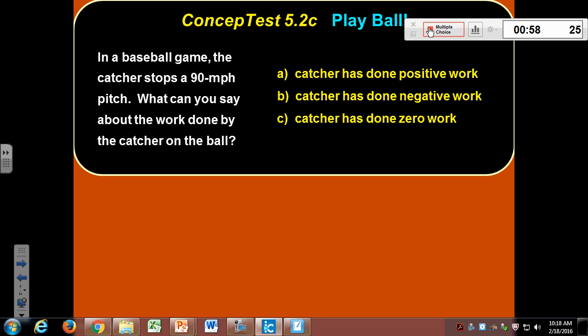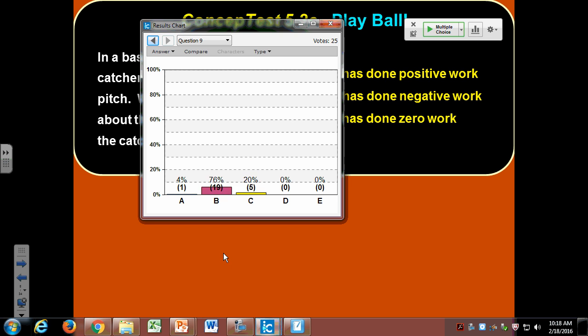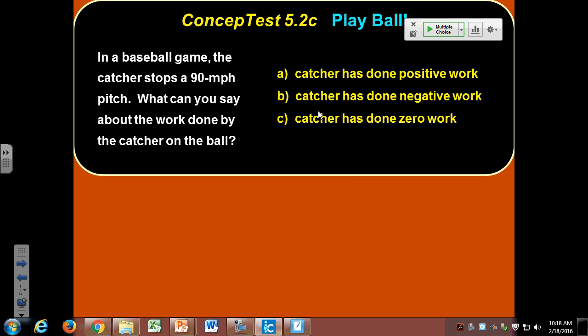Is it increasing or decreasing the energy of the ball? I'll stop at 108. Okay, the right answer is B. It does negative work. It's like he's taking energy away from the ball. He's doing negative work.